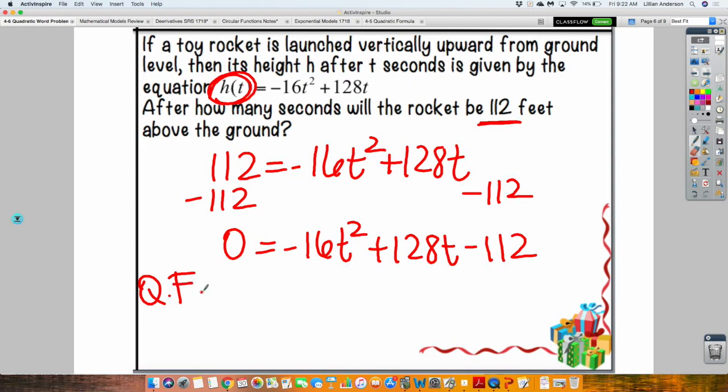Oh, yeah, we could use completing the square, but quadratic formula to solve this. Okay? And then it would tell me the time the rocket will be at 112 feet. Okay? Now, I just wanted to start that one off. I will do the video.